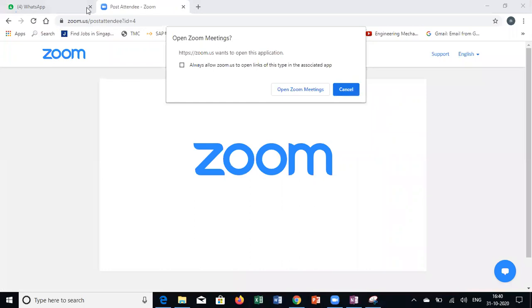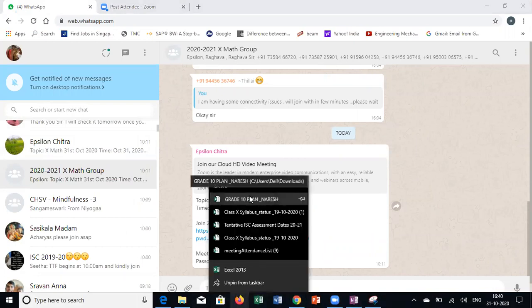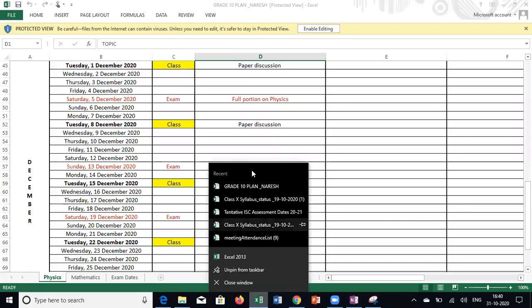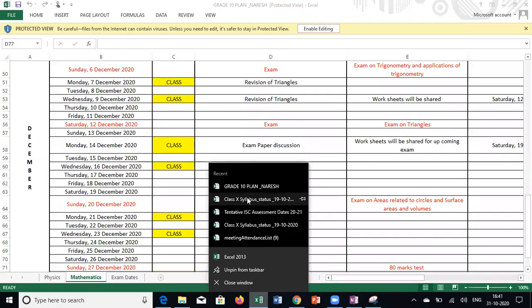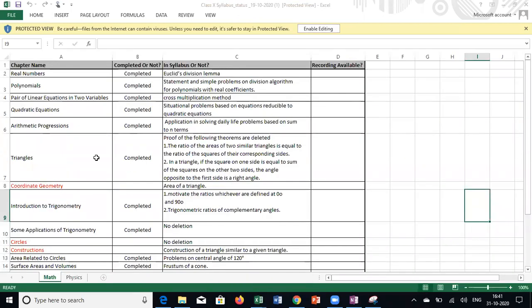Reflections and circles. Circles is also there now. Yes, sir. We'll see the syllabus. Once again, I will open the status of the syllabus. We have done circles and constructions.